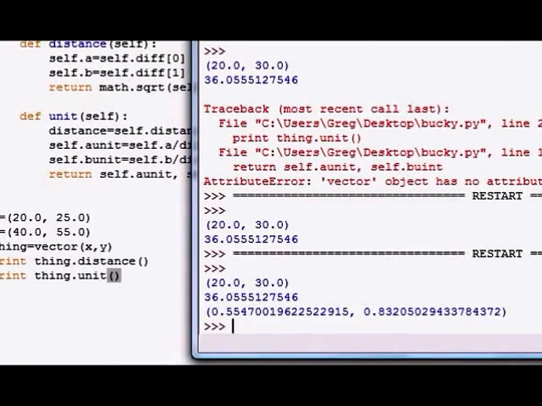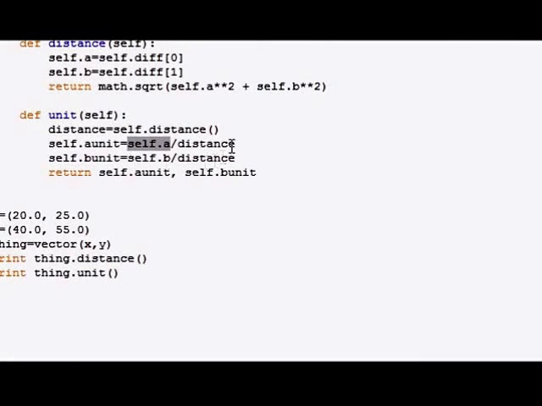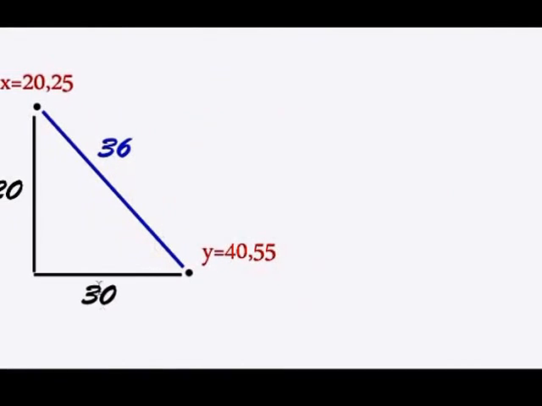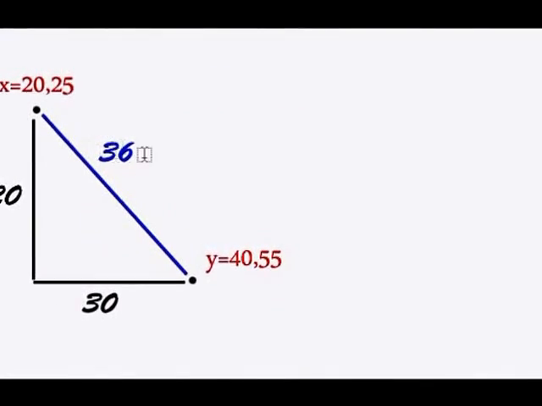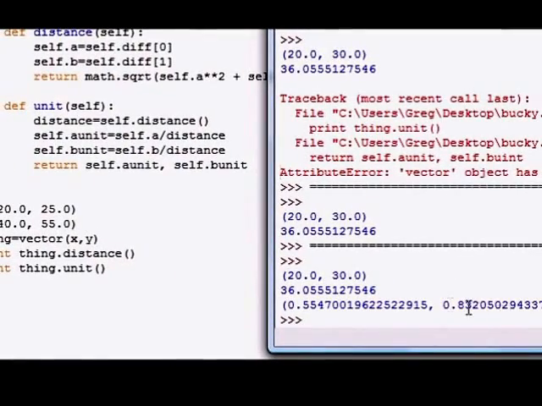So again, one last time, what we did is we took that side A and we divided it by the distance, or the hypotenuse, and this gave us a reduced version of, if that was 1, what would the new side equal. And we did that same for B. We took 30, divided it by 36, and that gave us our answer of 0.8.